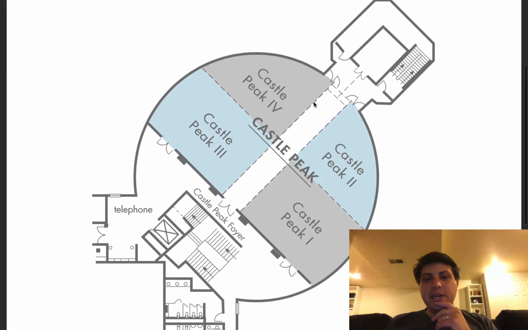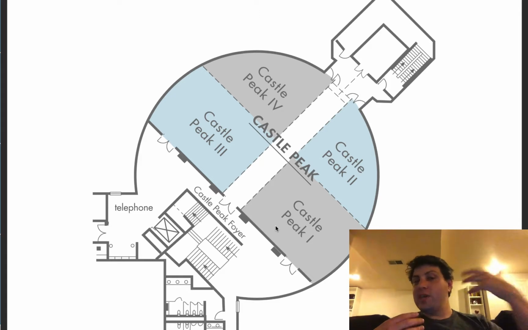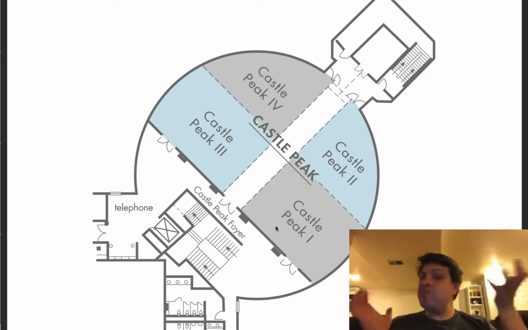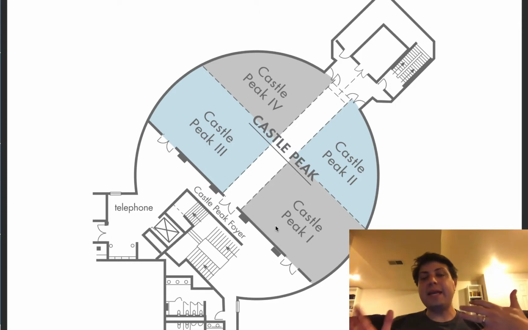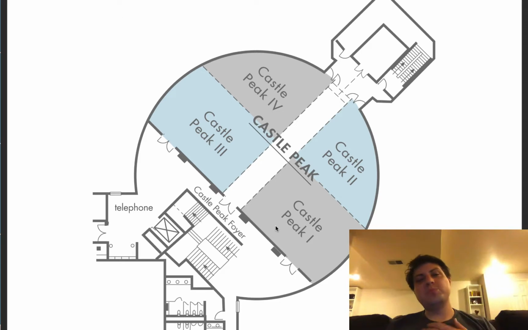So if we actually go up the stairs, we get to Castle Peaks 1 through 4. These are larger rooms that seat about 50 to 65 depending, but essentially these are large and very cool rooms with some great windows that overlook.